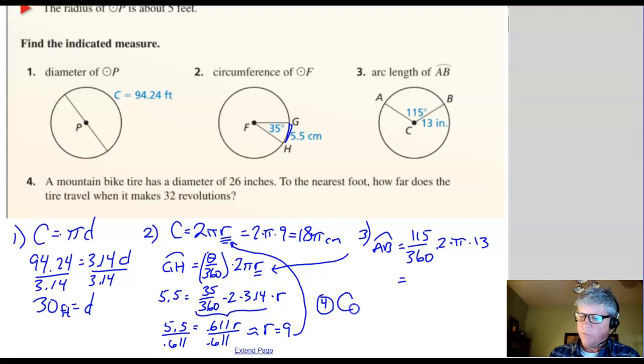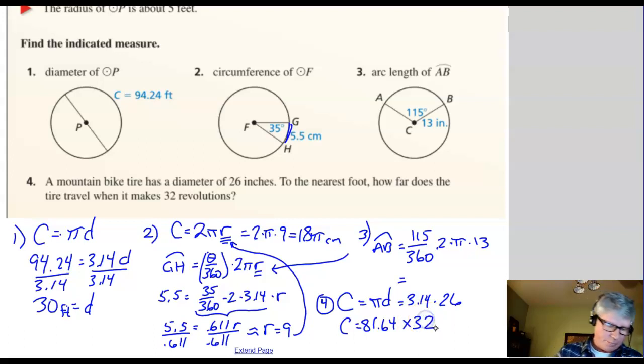So the circumference is equal to pi d, equal to 3.14 times 26. So 3.14 times 26 is 81.64. And now we're going to multiply that by 32.